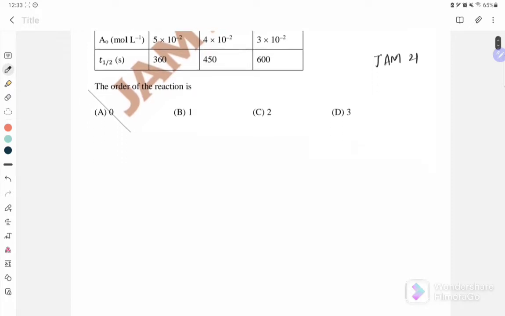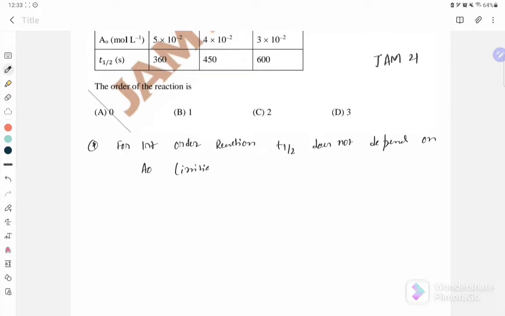We know that for a first order reaction, T half does not depend on A0, the initial concentration.